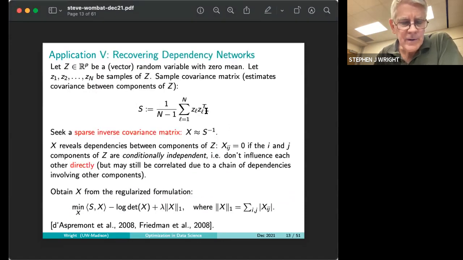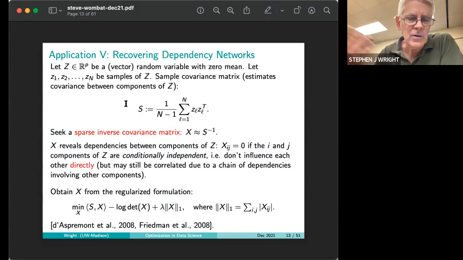Okay, number 5, recovering dependency networks. This one is really quite cool, I think, and it's been around for about 15 years. And in this one, you're dealing with a random variable Z, which is a vector random variable with zero mean, let's say. And you've got multiple observations of Z. And so you all know if you've got multiple observations of a vector random variable, you can form a sample covariance matrix, and here it is here, okay?